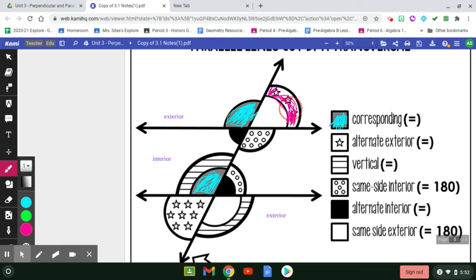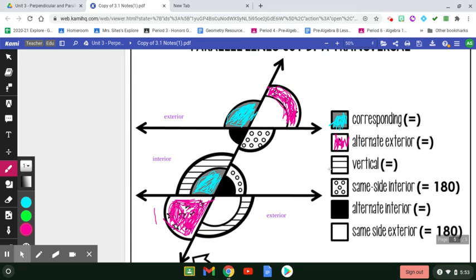The one that cuts the two lines is our transversal, but we have to be on opposite sides of it and be on the outside. So we have to be in the exterior portion of it. So I have one pink angle and another pink angle down here because we're on opposite sides and we are in the exterior. So it's just to give you an example. These are alternate exteriors.